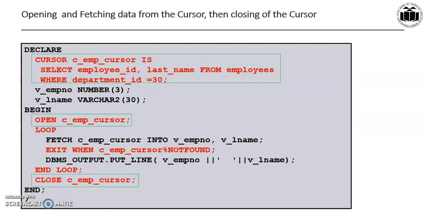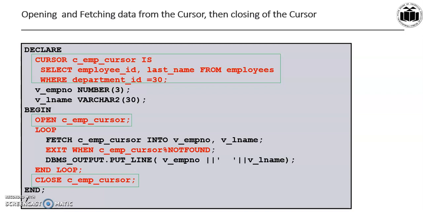So let's take one example for the explicit cursor. In the declare section, you can see cursor name is C_EMP, cursor is select employee ID, last name from employees where department ID is equal to 30. Then two variables are there.